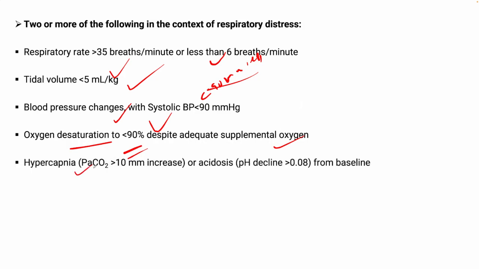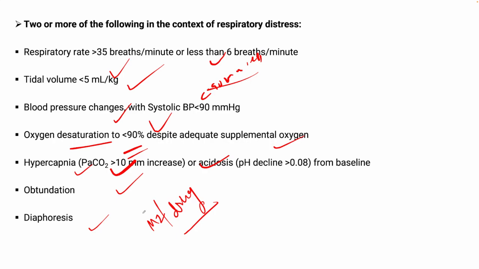And hypercapnia where there is a rise of greater than 10 in PaCO2, or acidosis. And obtundation. What is obtundation? That is reduced level of alertness. And diaphoresis, that is excessive sweating due to any kind of health condition like MI or any kind of drug effect. In that also diaphoresis is there, or abdominal paradox.